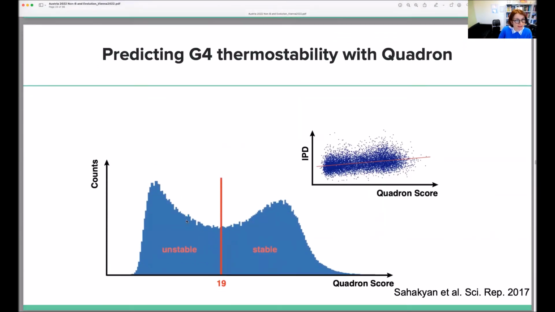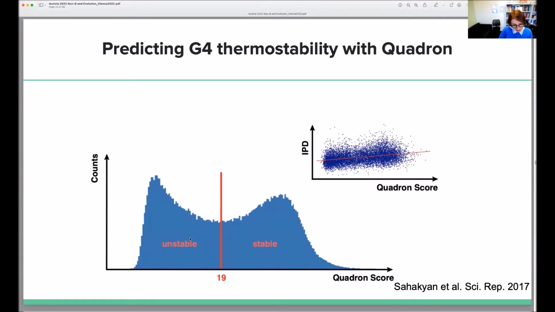So the other thing that we did is that we can use this software Quadron that can predict the structure of G quadruplexes and can also predict its stability. So it divides all G quadruplexes into stable versus unstable.